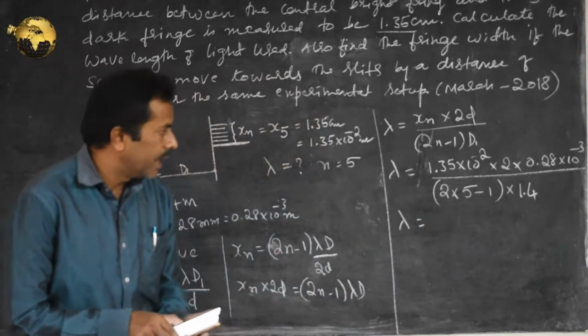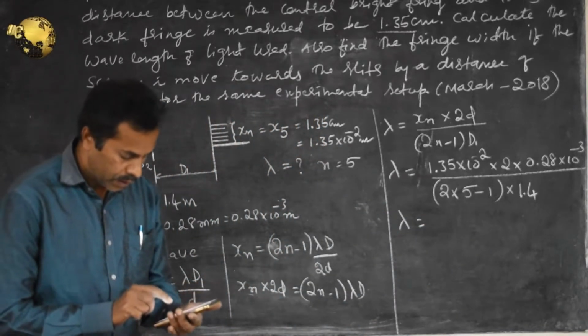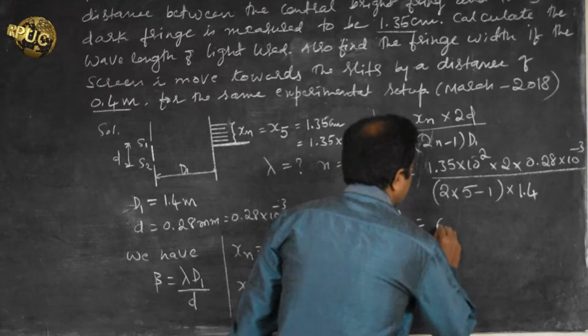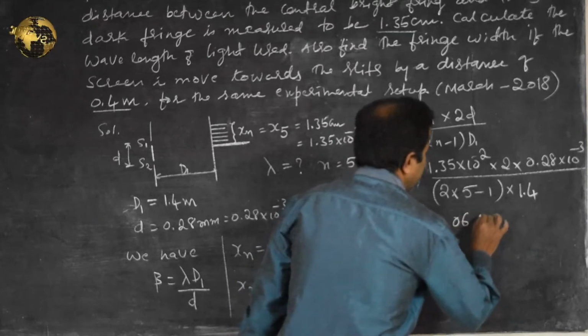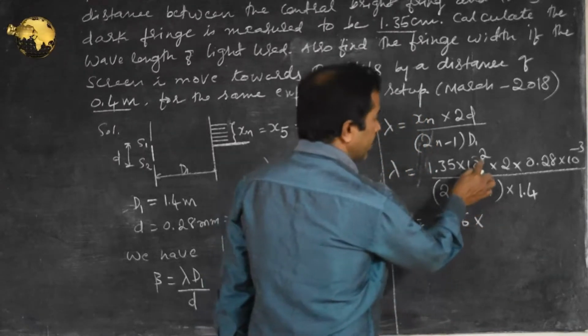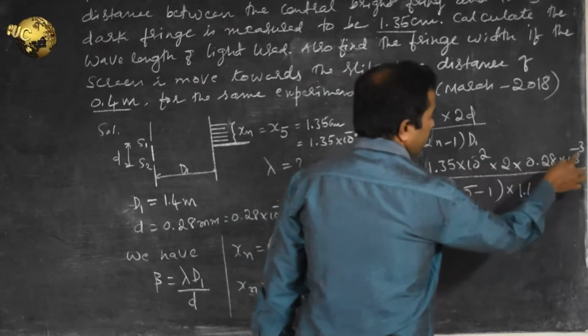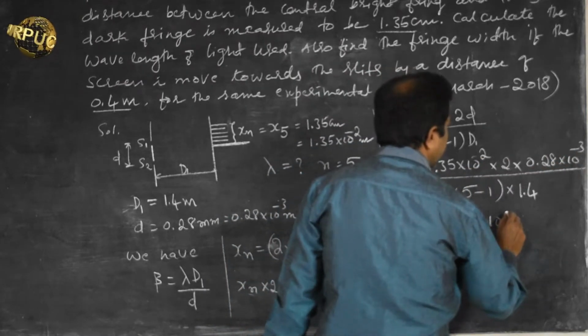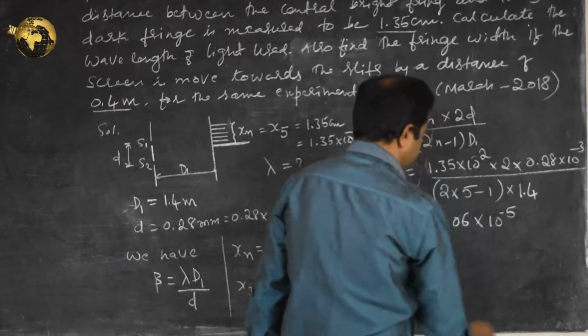So 9 into 1.4. This is equal to 0.06 into 10 to the power minus 2 plus minus 3. This will become 10 to the power minus 5.